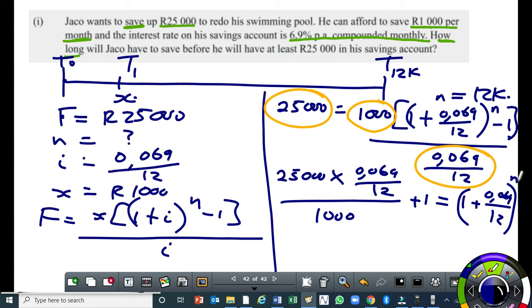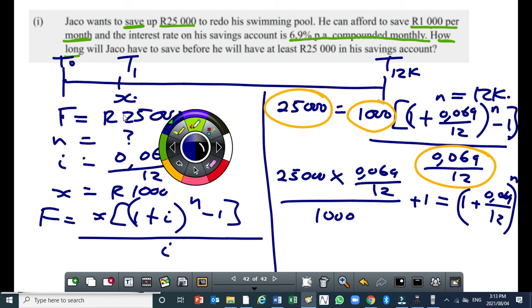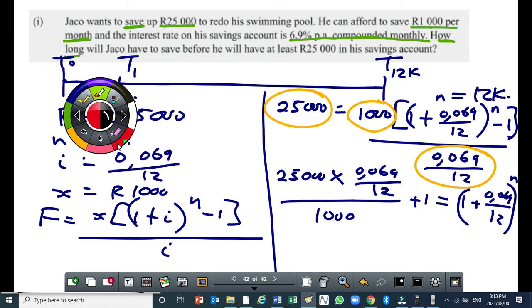Now we have an exponential equation. Then you bring in the log. Now, listen carefully. The number that we are going to find its logarithm is this whole number here, the one that I'm putting in red.